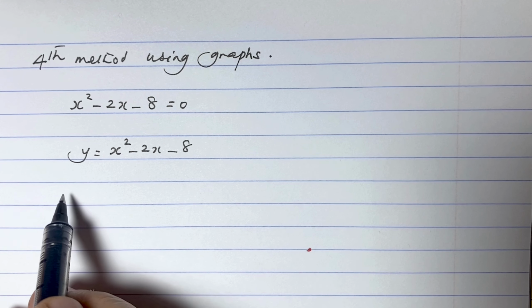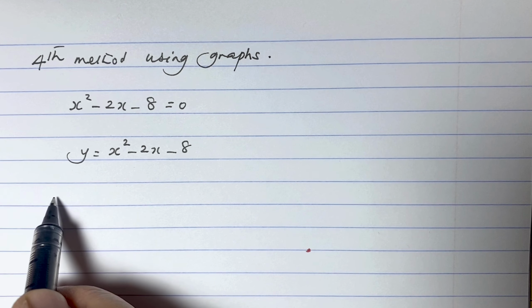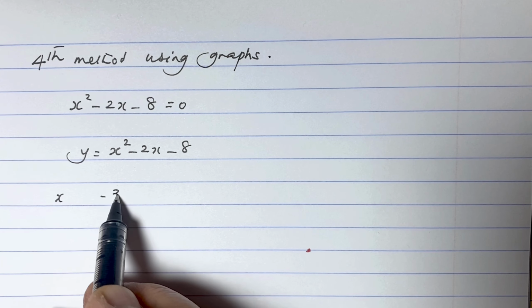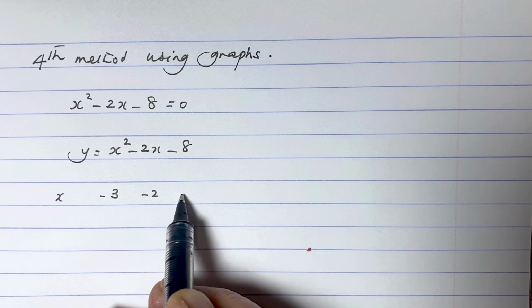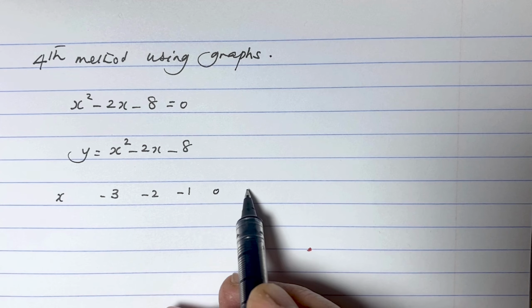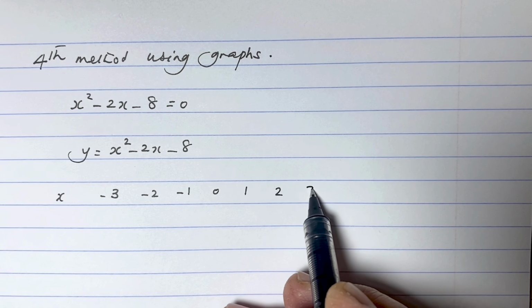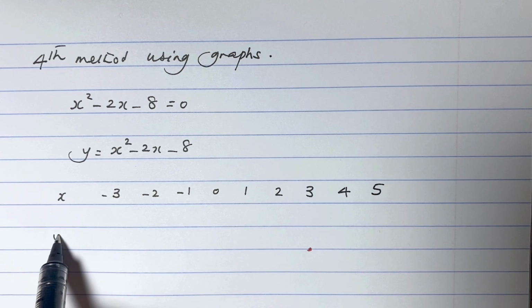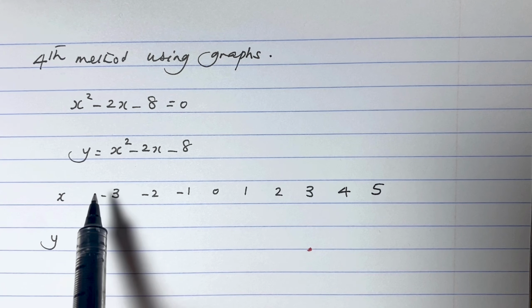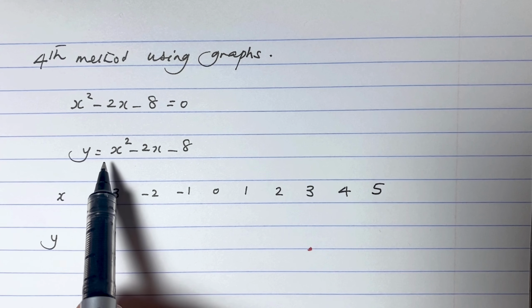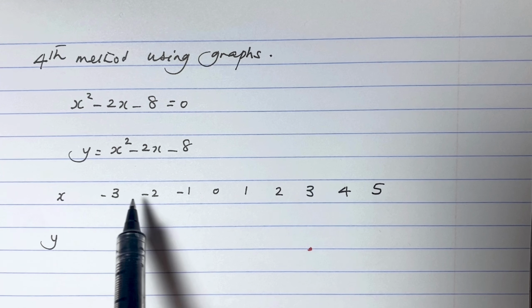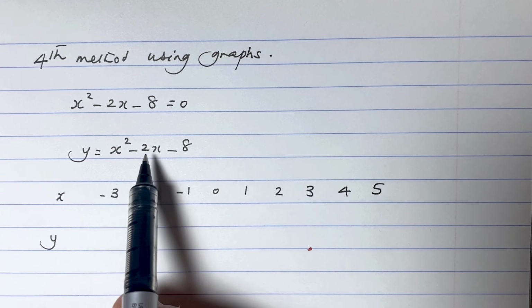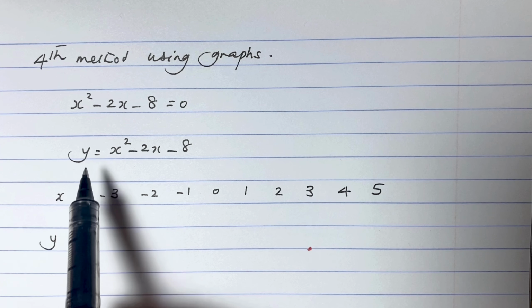So I use certain values of x, say starting x from minus 3, going in steps, and evaluating the y values. Now, for each value here, you need to substitute in the equation.